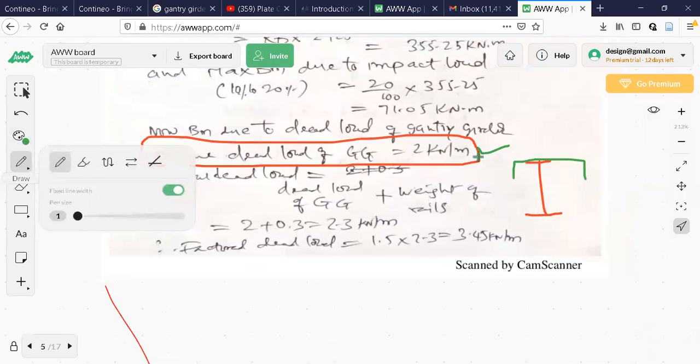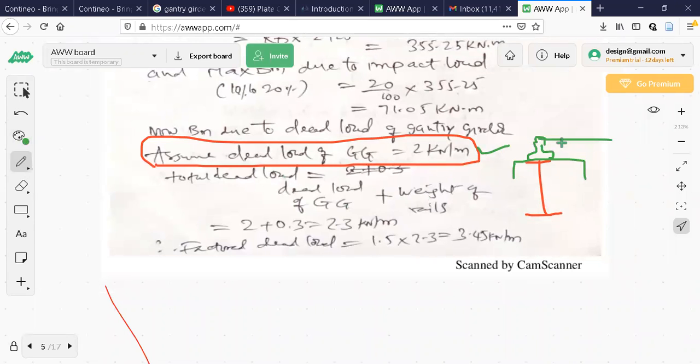The weight of the rails means there is one more section, no? On this one, the gantry girder is supported like this. So it means the dead weight of the gantry girder plus the weight of this rail, the green one, because that is going to be supported on it.